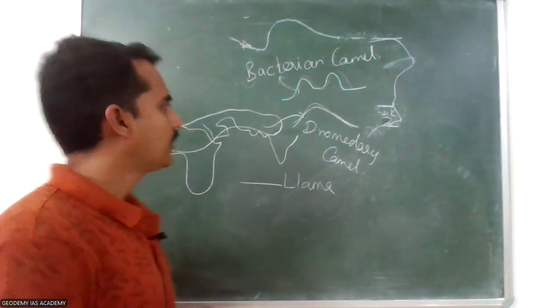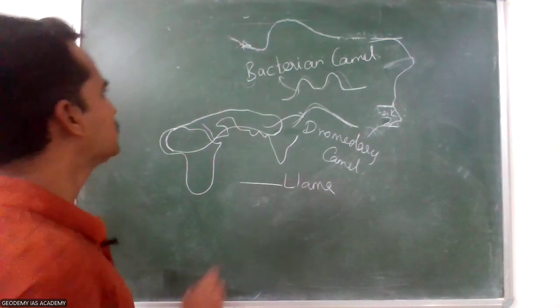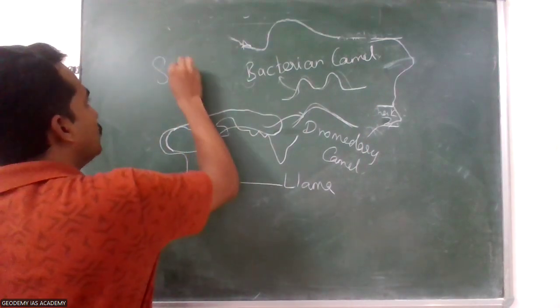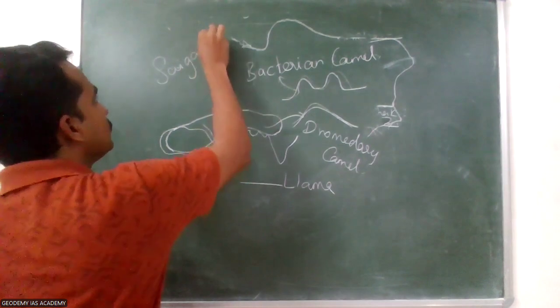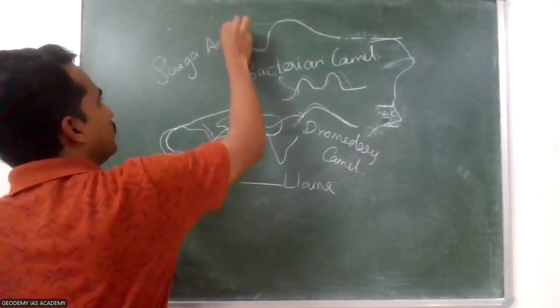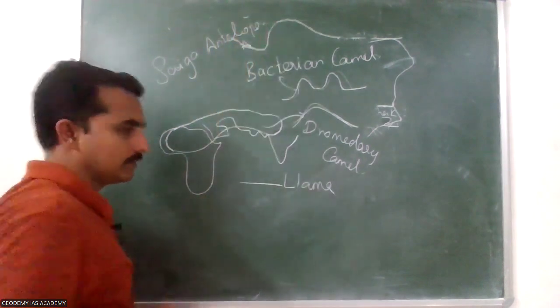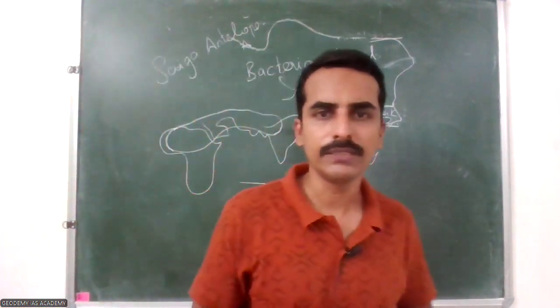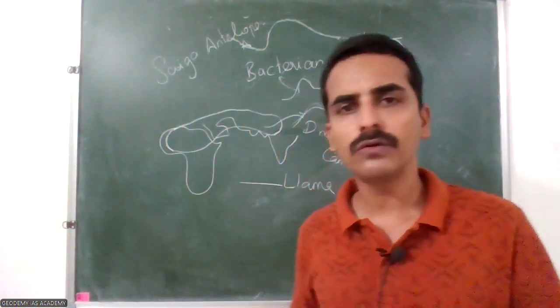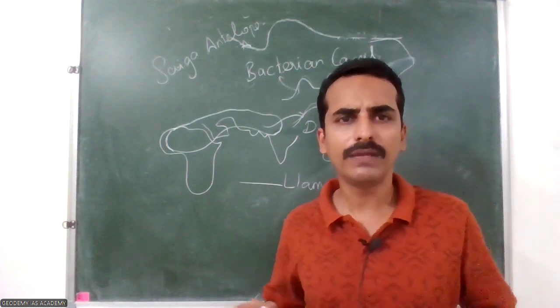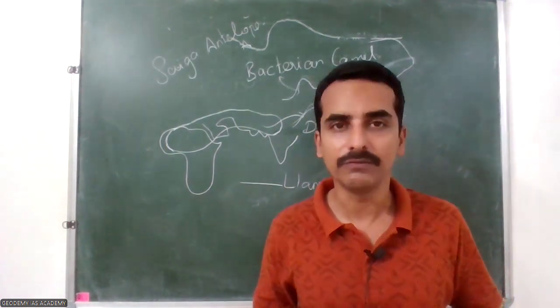Right, and then another important species is the Saiga antelope. Saiga antelope actually extends from Europe. One of the endangered species. This Saiga, a few years ago, about 1.5 lakh Saiga antelope died due to a bacterial infection.